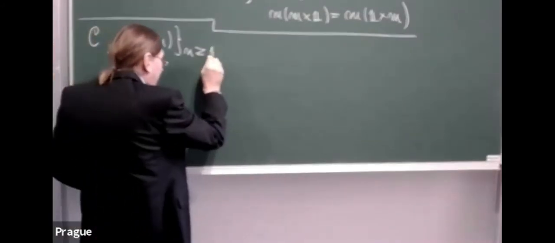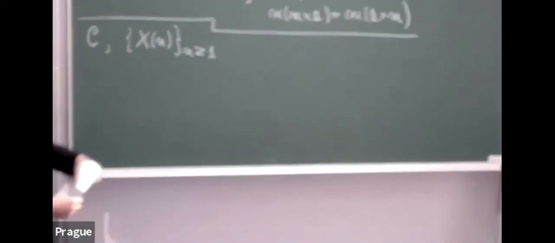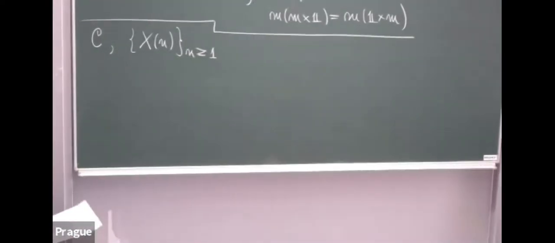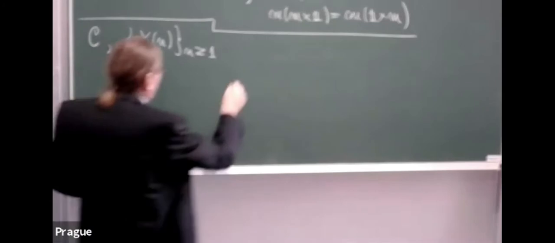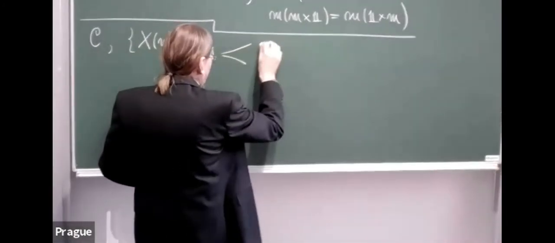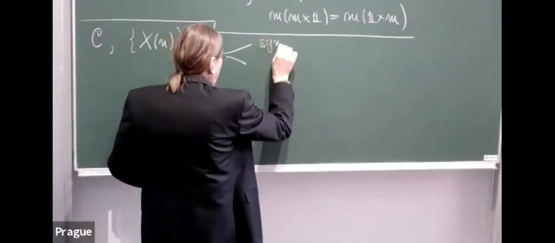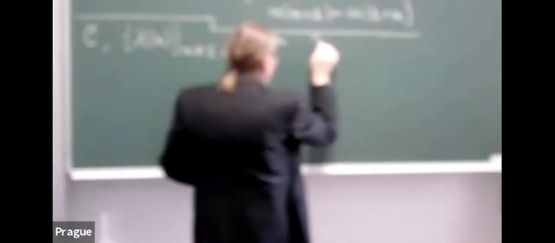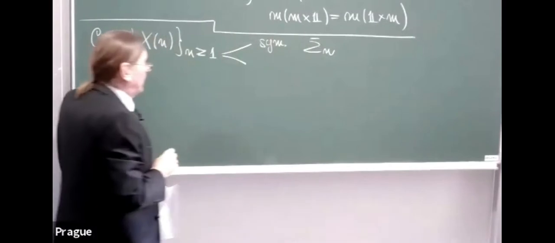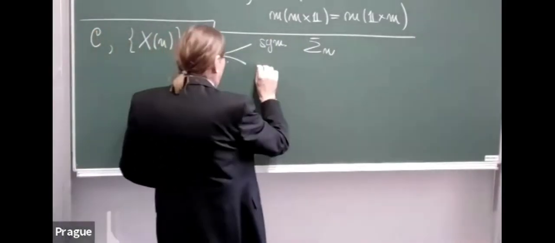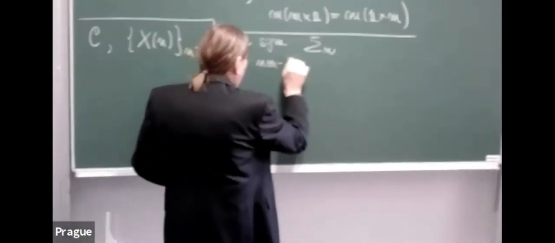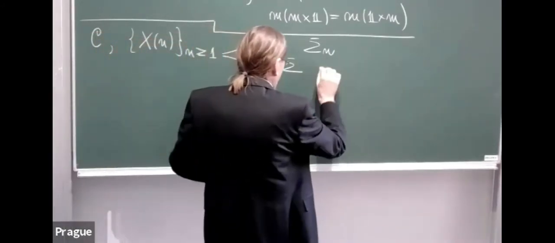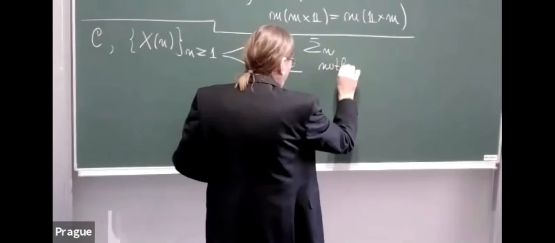And just to put something on the board, I put one here, but I'm very flexible where the collection starts. As always, there are two versions: a symmetric version where these spaces are sigma modules, or the non-symmetric one where there is no action.